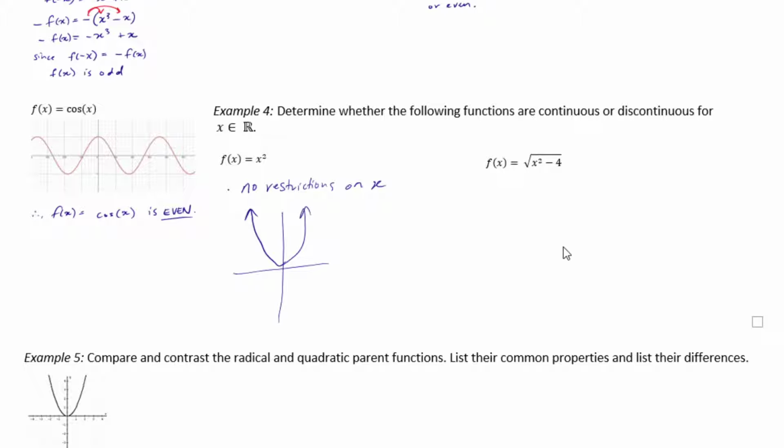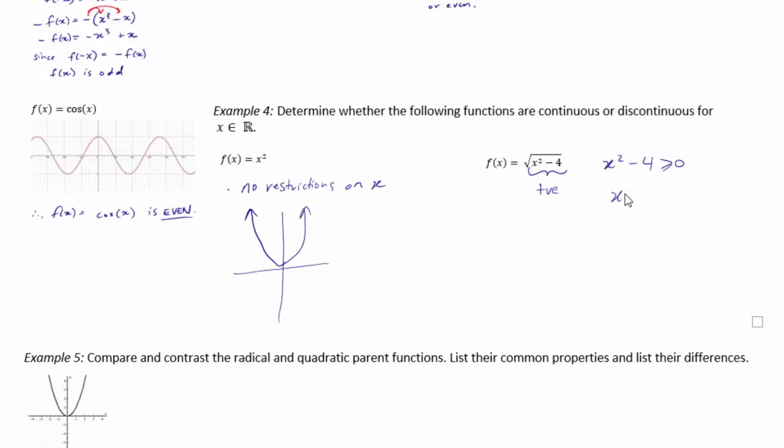So here are the following restrictions, right? This right here has to be positive, otherwise you are taking the square root of a negative number, and that does not fit in the real number set. So we can write that with the following expression. x squared minus 4 has to be greater than or equal to 0.